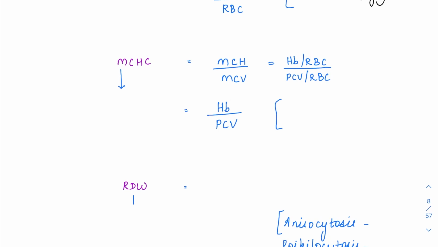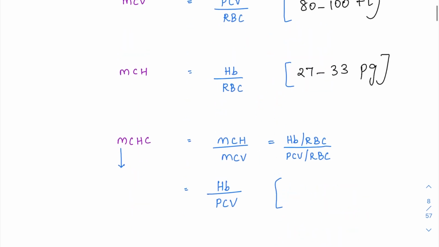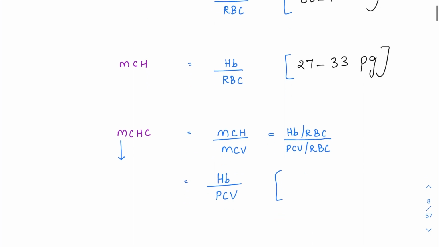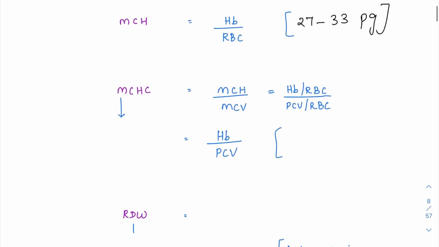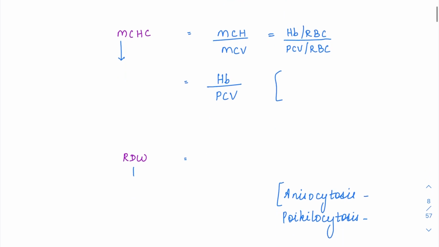That will give the concentration of the hemoglobin in an RBC. So that is going to be hemoglobin divided by hematocrit. If you apply this formula of MCH and MCV, it is going to be HB divided by RBC, PCV divided by RBC. So RBC is going to get cancelled. Finally it is hemoglobin divided by PCV. The normal level is going to be 34 to 37 gram percentage.